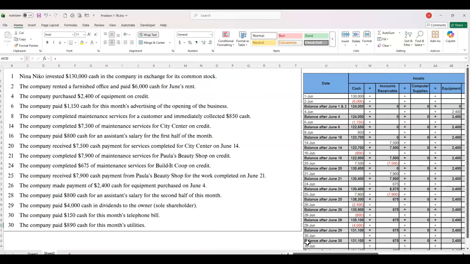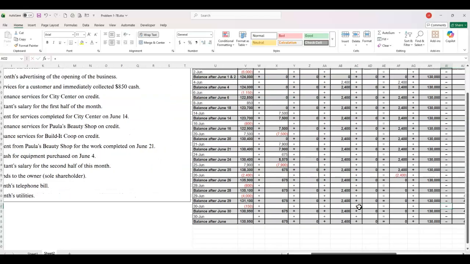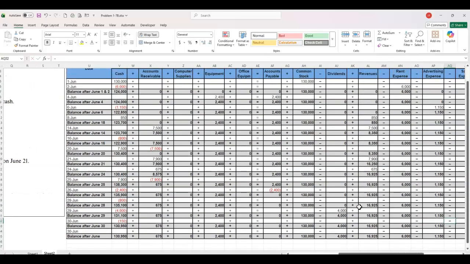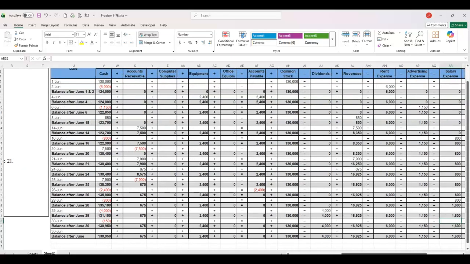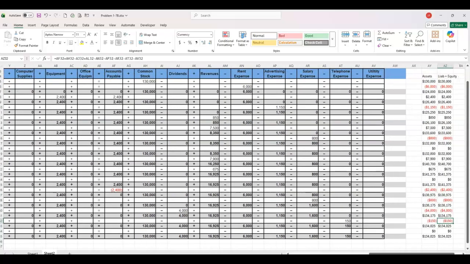On the 30th, the company paid $150 for the monthly telephone bill. Cash went out. We paid it, and that's going to be an expense. Got to go up here and find it. It is telephone expense. Here we are.